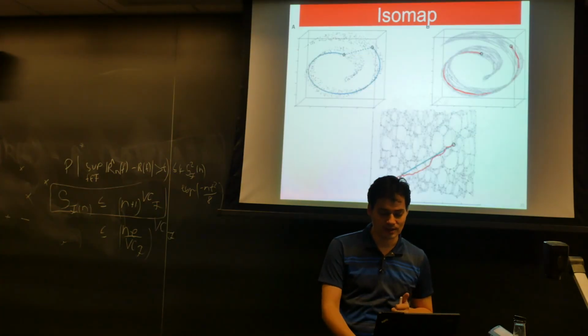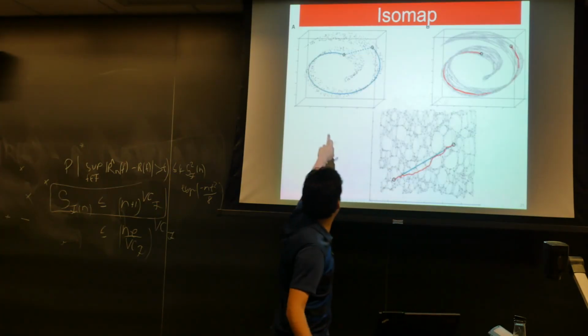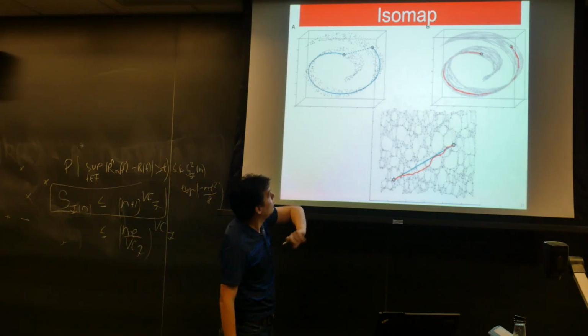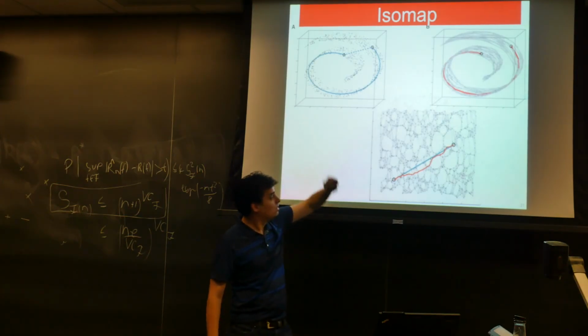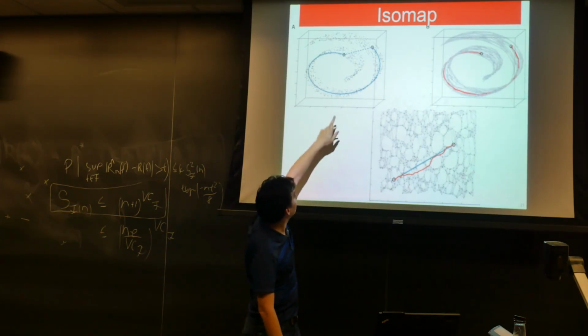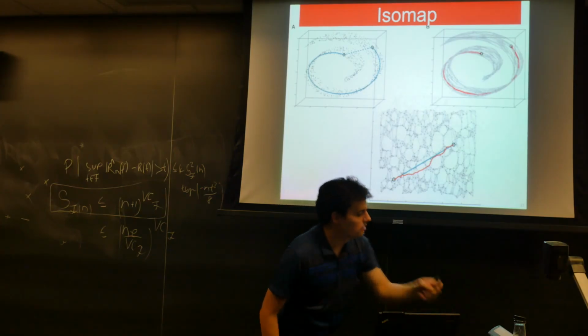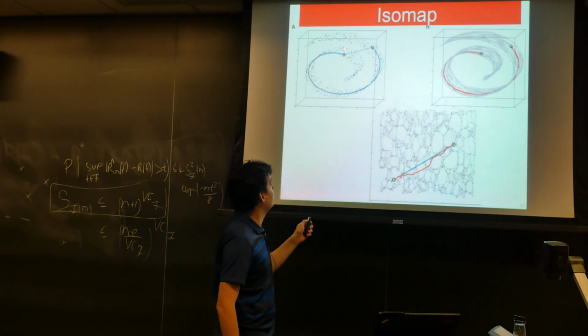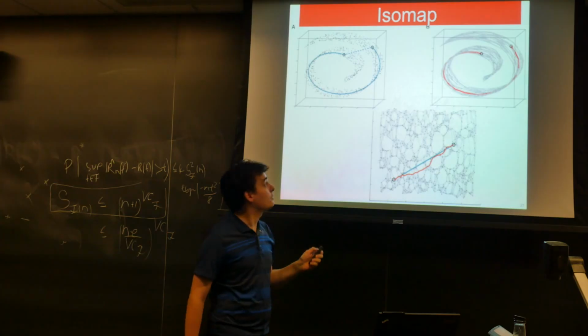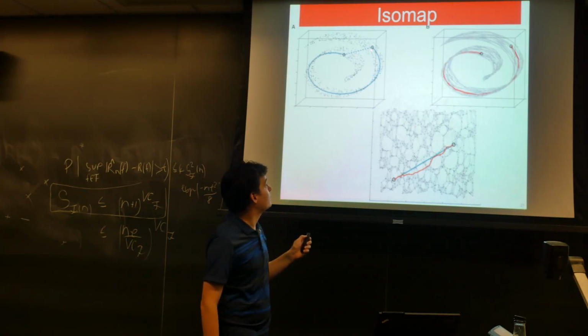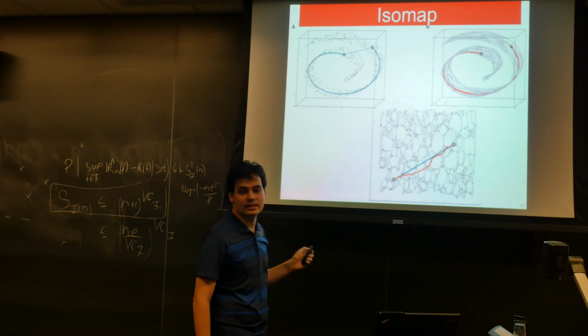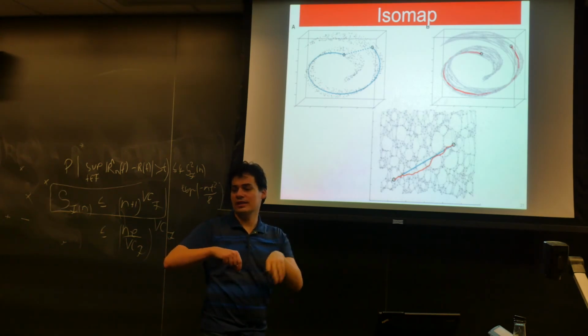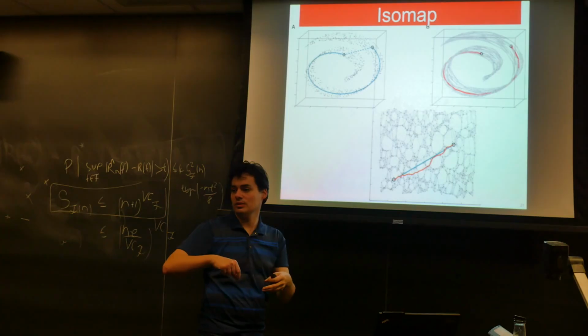So this is what you do in practice. Say this is your data set. You want to calculate the geodesic distance from this point to this point. So you fit, say, a k nearest neighbor graph to this data set. At each point, you just select the k nearest neighbors or the epsilon nearest neighbors.